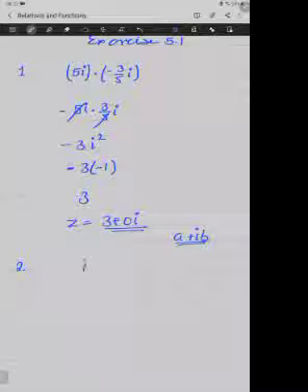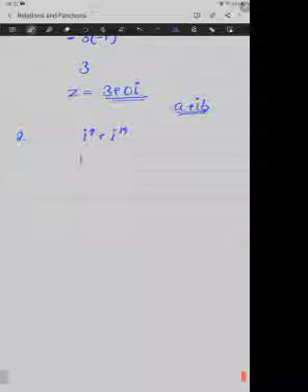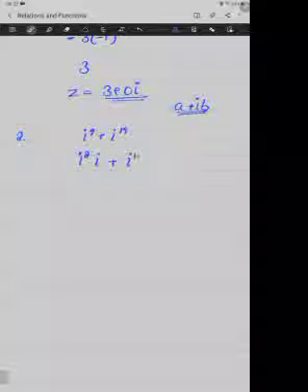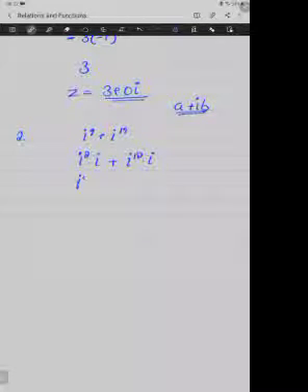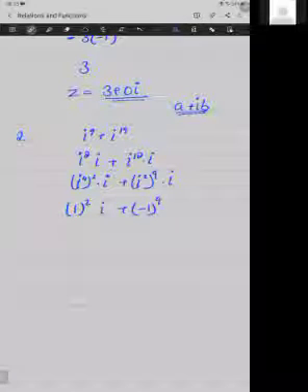Its second part I am going to do. It is i to power 9 plus i to power 19. So i to power 9 can be written as i to power 8 into i, plus i to power 18 into i. i to power 8 can be written as i to power 4 whole square, and i to power 18 as i square to whole power 9. i to power 4 is 1, so 1 square into i, plus minus 1 to whole power 9 into i.